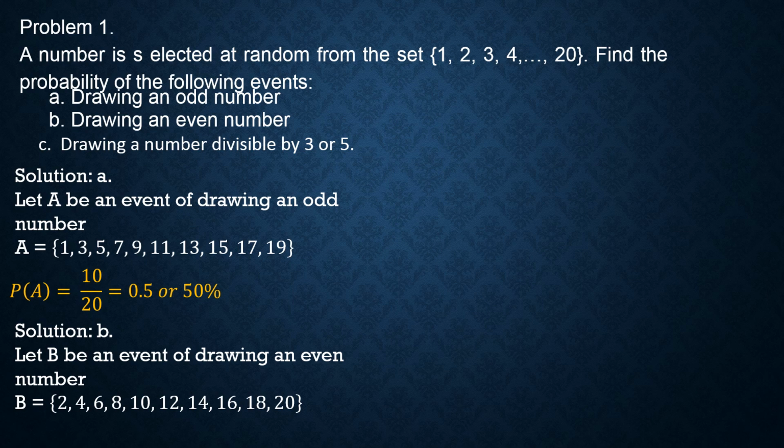So these are the outcomes for set B. So we have 10 even numbers. Therefore, the probability of getting an even number is 10 over 20, because there are 10 even numbers from the numbers 1 to 20. So 10 out of 20 is 0.5 or 50%.